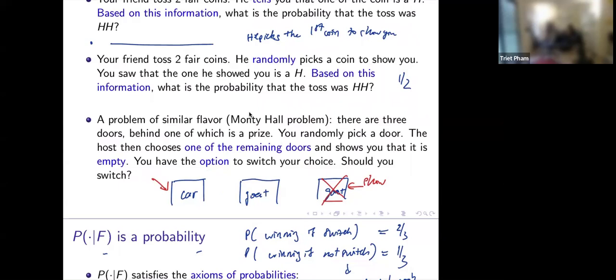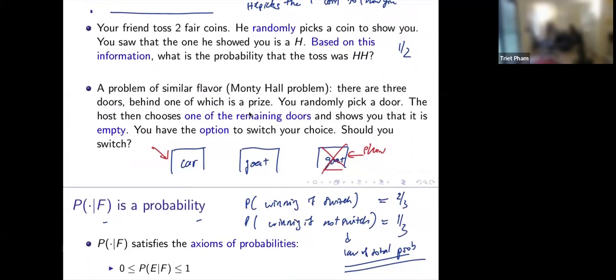But the true answer is yes, you should switch. If you switch, your chance of winning will be 2/3, and if you don't switch, the chance of winning is 1/3. But to prove this rigorously, this will invoke the law of total probability.